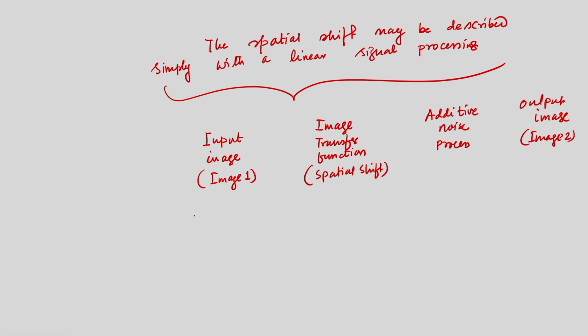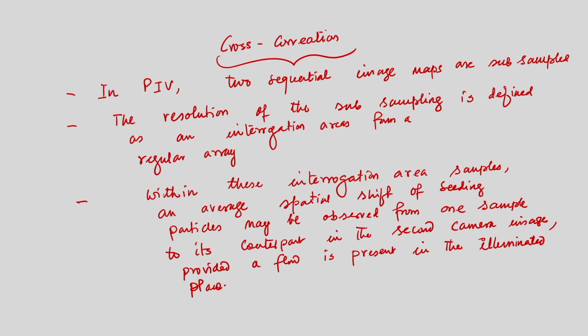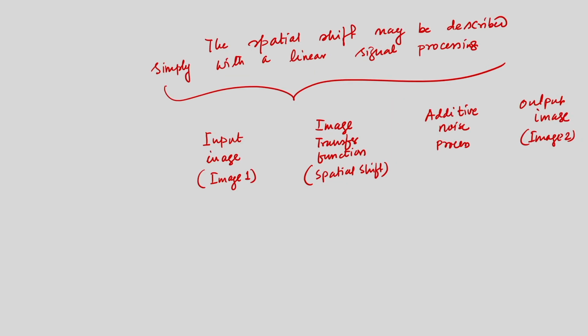So, the spatial shift of the seeding particle may be observed from one sample to its counterpart in the second camera image, provided the flow is there in the illuminating plane.